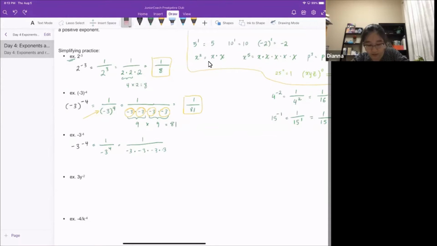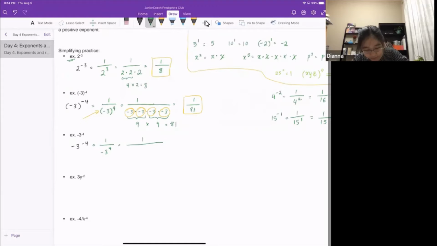If we do not have the parentheses around the -3, then that means we have a negative in the front, but that's only multiplied once. And then the inside is going to be 3 times 3 times 3 times 3, or 3 to the 4th. So I'm going to explain that again.